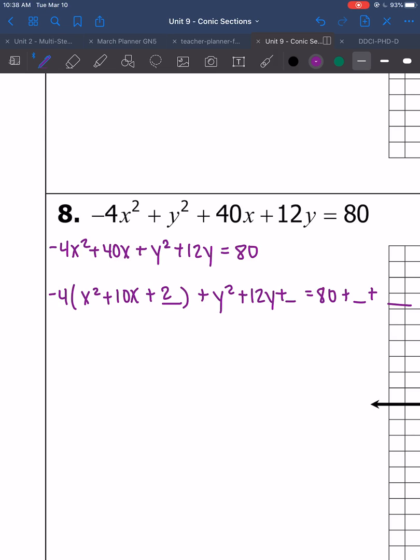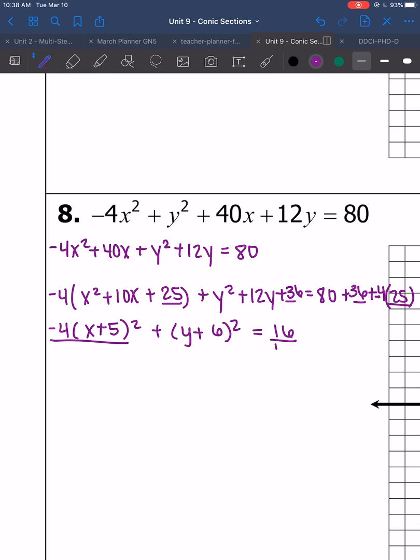This is 25, but remember, I have to multiply by -4 times 25. And then this is a 36 and a 36. So this becomes -4 times (x plus 5) squared plus (y plus 6) squared equals 16.